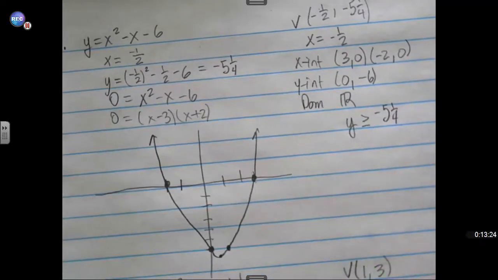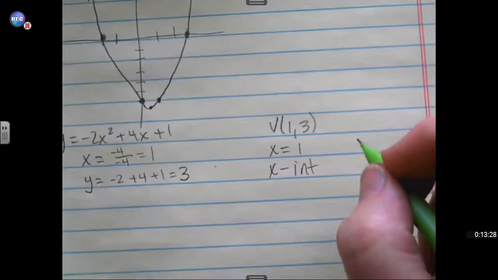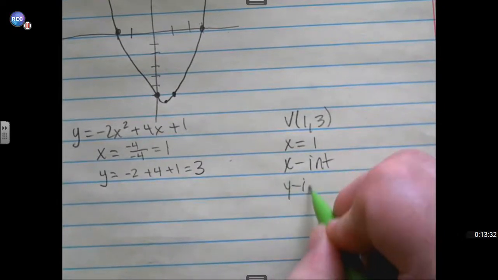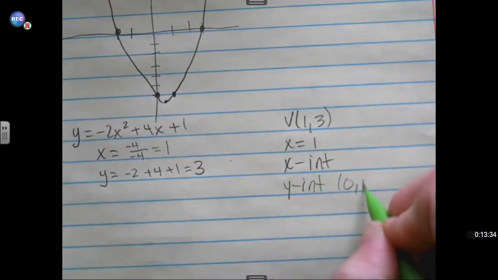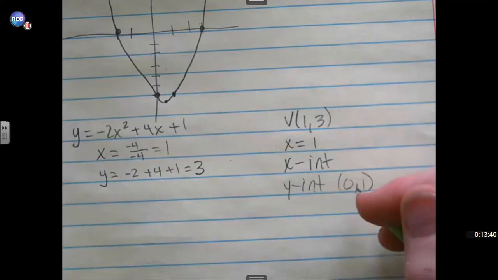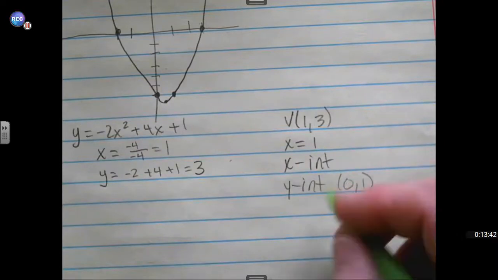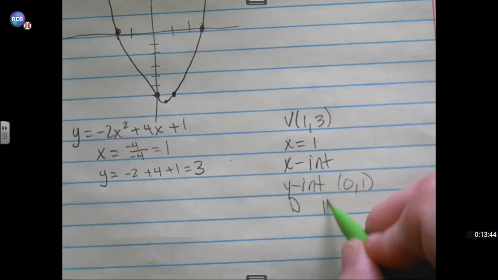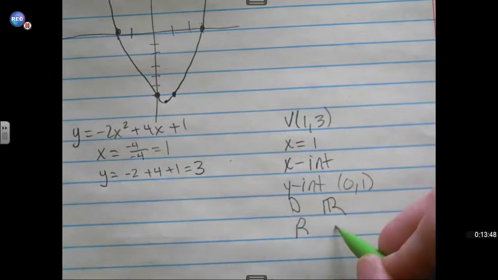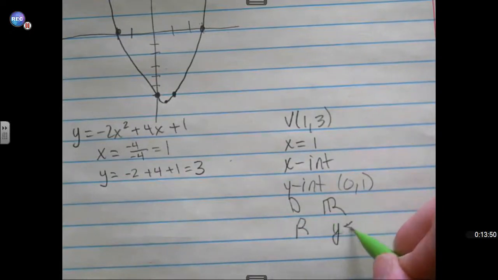Okay, your x-intercepts on this one are not going to come out nice, so we'll find that in a minute. Your y-intercept though is 0, 1. Domain, all real numbers, and your range would be y is less than or equal to 3.